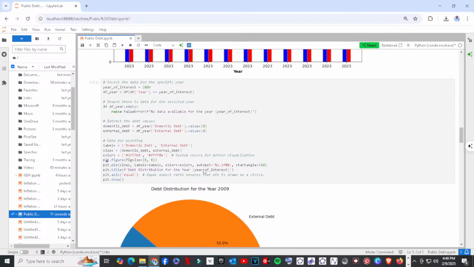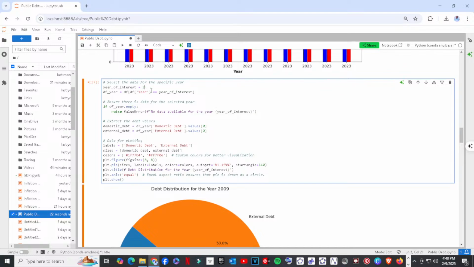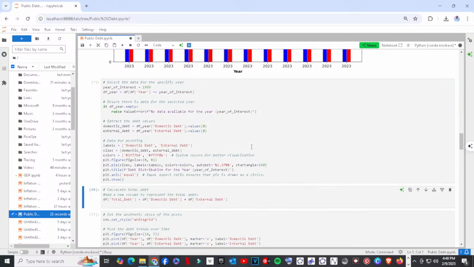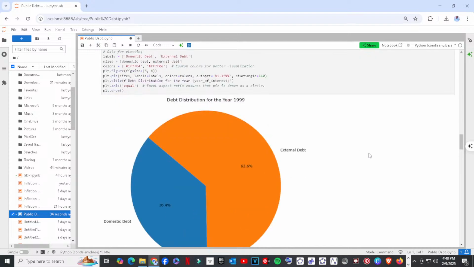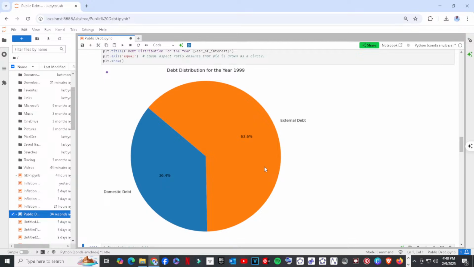And let me see what 1999 looked like. In 1999, external borrowing was 63.6%, while domestic borrowing was 36.4%.